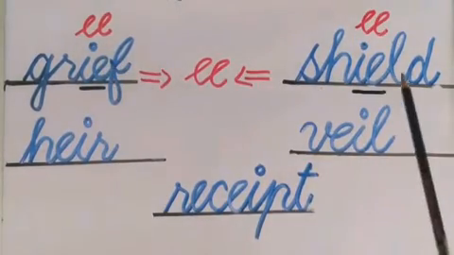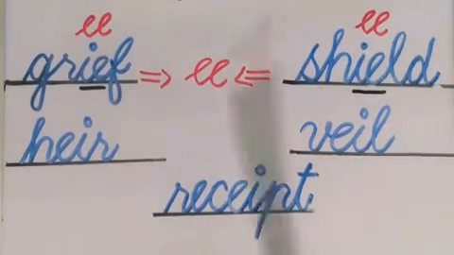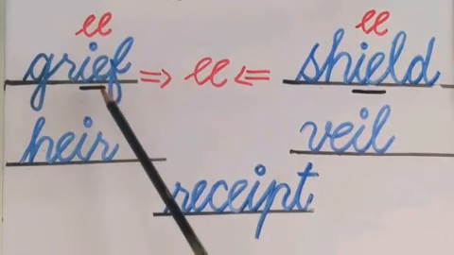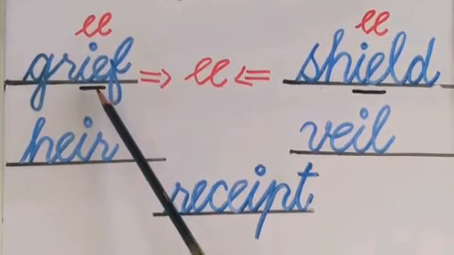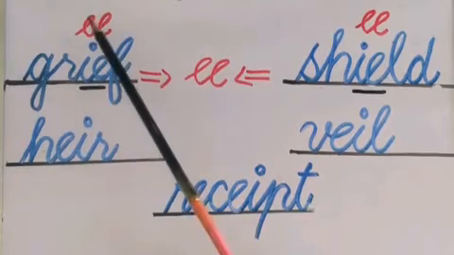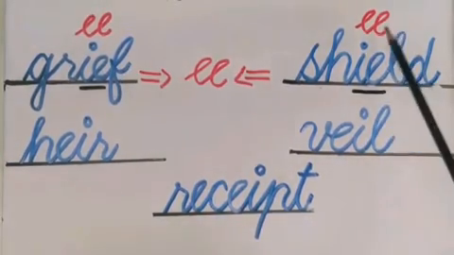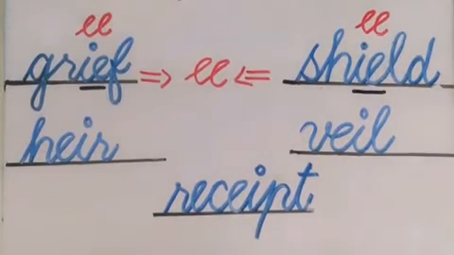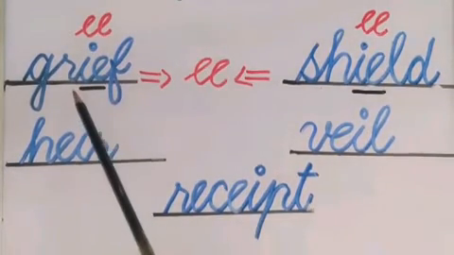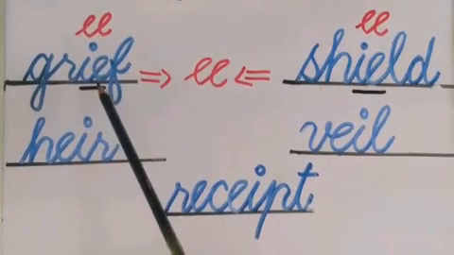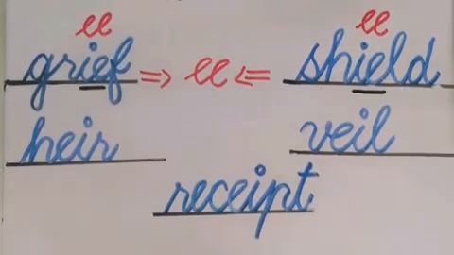So we can say that if we have I before E in a word, it says E. Yes, I before E says E. Whenever we have I before E, it will sound as E.